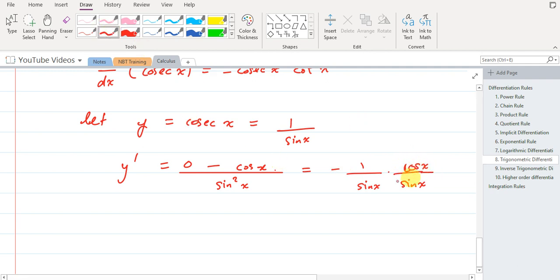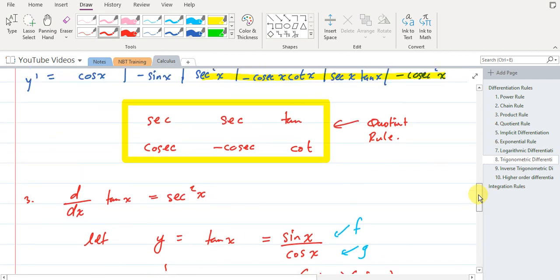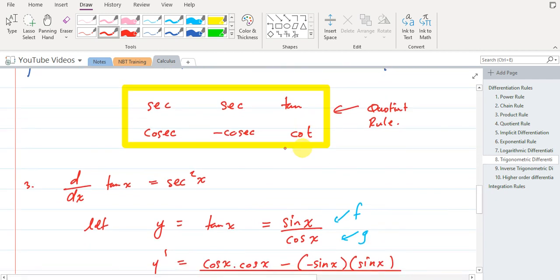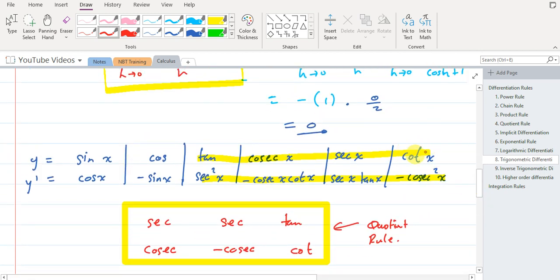We can clearly see that negative 1 over sine x is negative cosec x, and cos over sine is cot x, and that's the derivative of cosec x. And similarly you can do number 5 and number 6, how to find the derivative of sec x and the derivative of cot x.